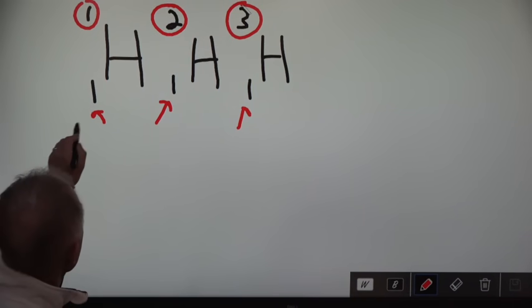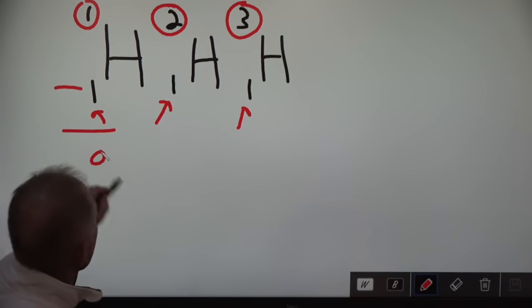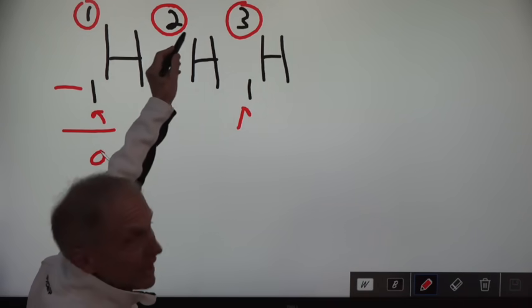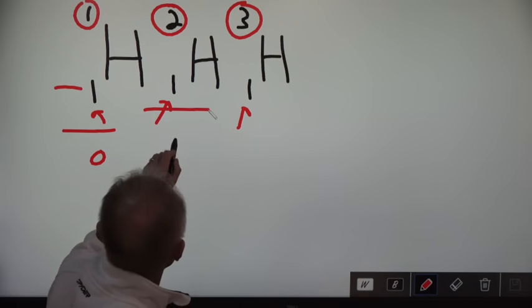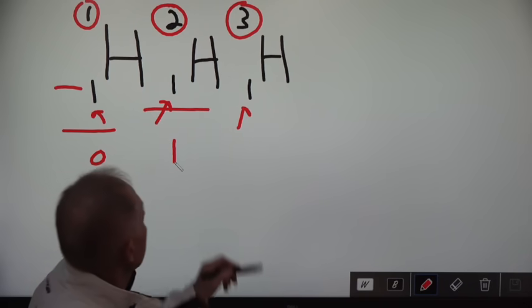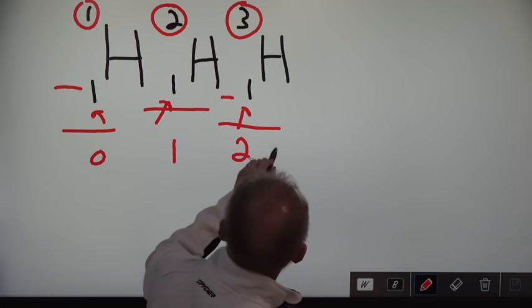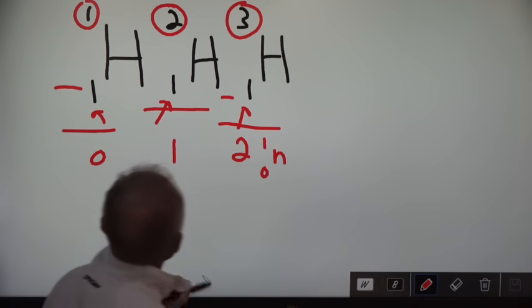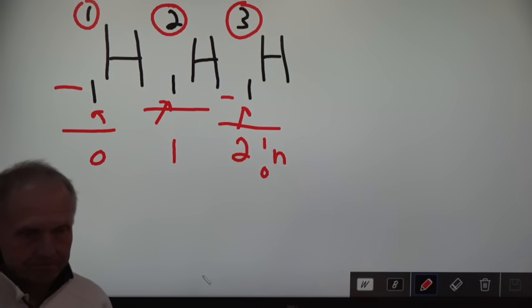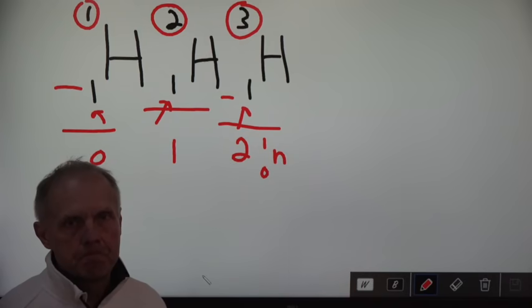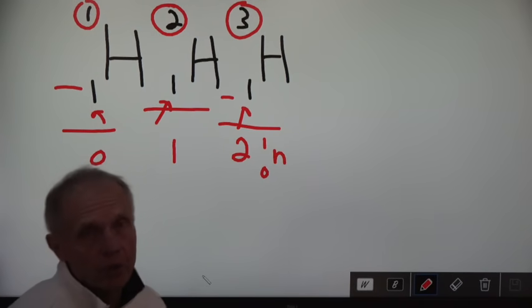So let's look. This has 1 proton, 0 neutrons. This has 1 proton, atomic mass is 2, so 1 neutron. This one, 2 neutrons. Now, here's the deal. Every single element, I told you, has at least 3 isotopes.